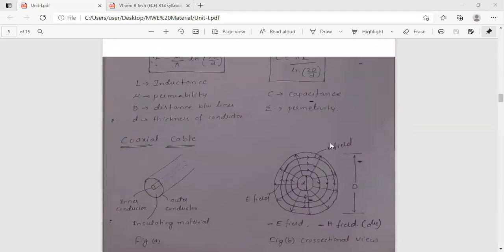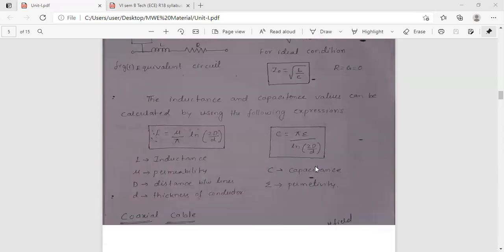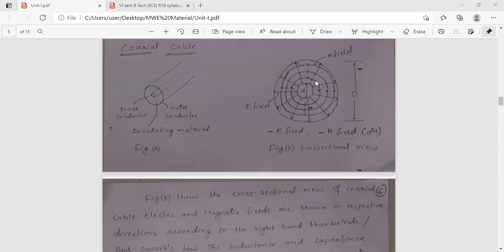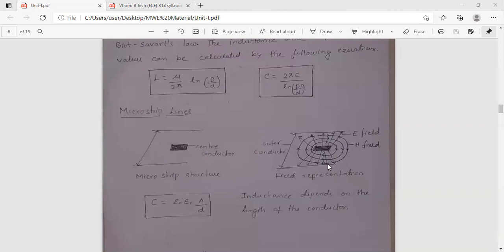You can see both. In the case of the two-wire transmission line, the electric field is generated in the direction between the two conductors, only one side. In the coaxial cable diagram, the electric field and magnetic field are perpendicular, and the electric field is generated in all directions. But coming to the microstrip, it is generated in only two directions, so it is called bidirectional radiation: only two directions.